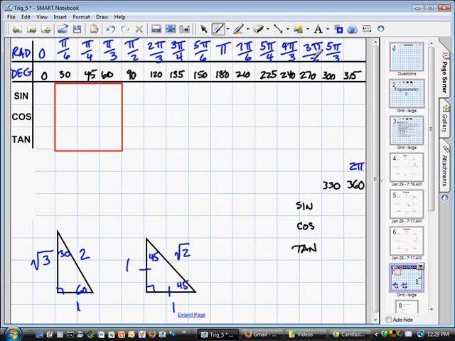So 3/2 pi plus a fourth of pi. So 1 1/2 plus a fourth would be 1 3/4. 7 pi over 4.